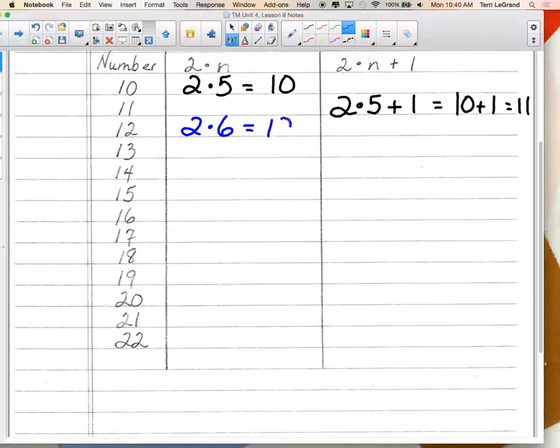Can we think of any number that's an integer that if you multiply it by 2 and add 1, you'll get 12? No? Okay, then let's move on to 13. How about 13? Which algebraic expression can represent 13 and what would n have to be?